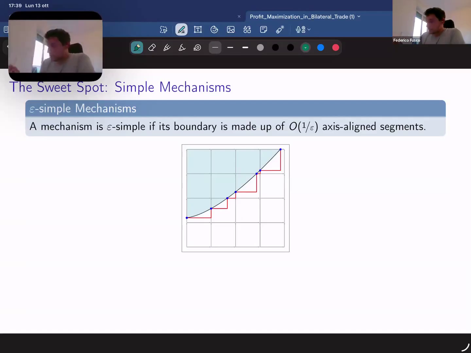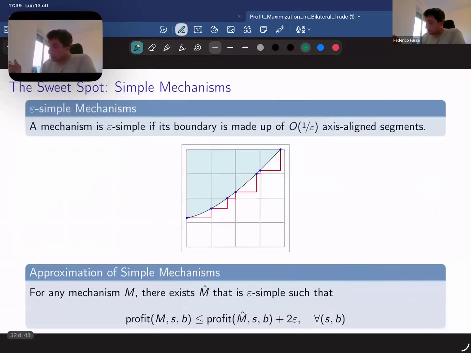Now with this family of simple mechanisms, one can see that it's fairly easy to get a discretization error. What do I mean by that? Well, imagine that you have any mechanism, in particular the mechanism here in blue.